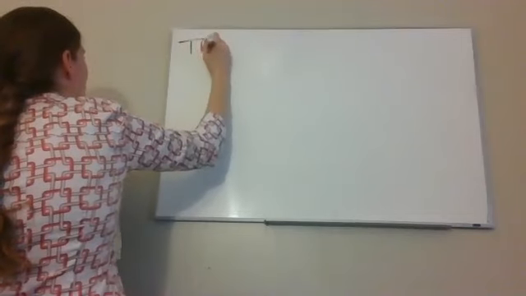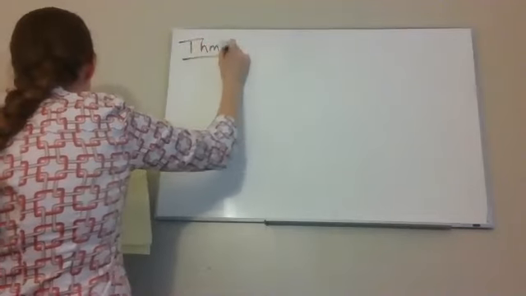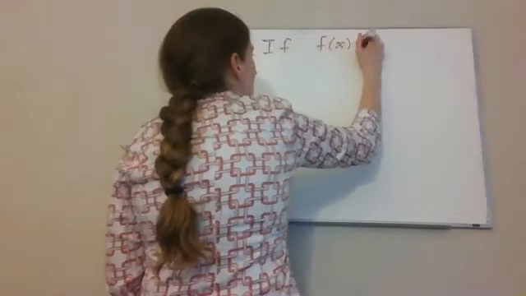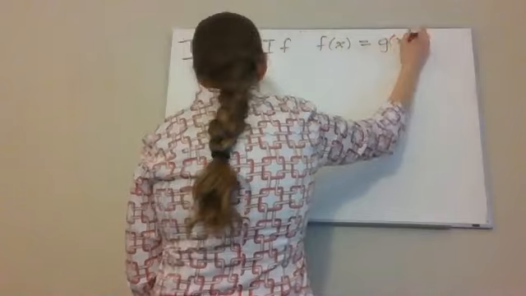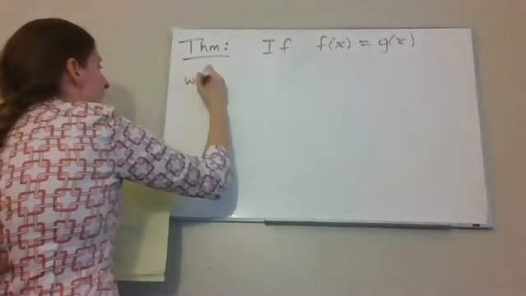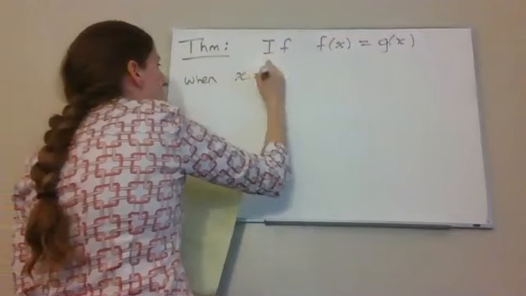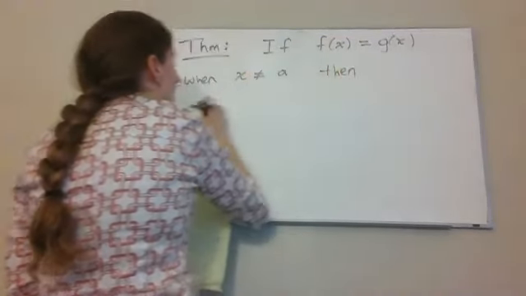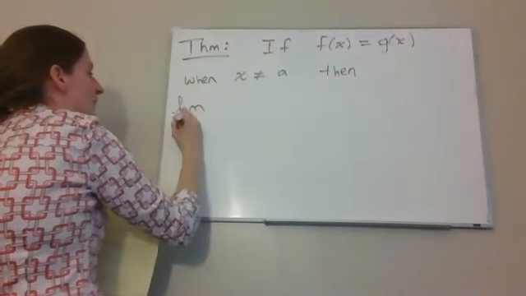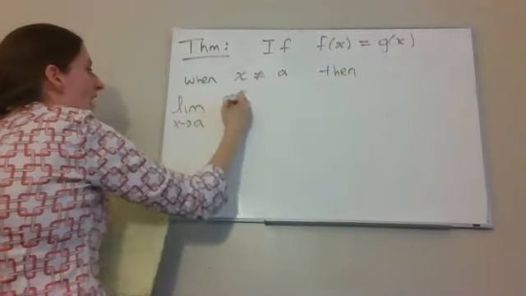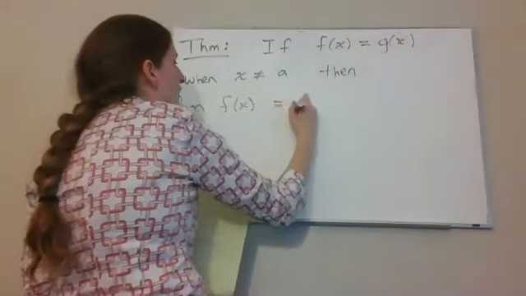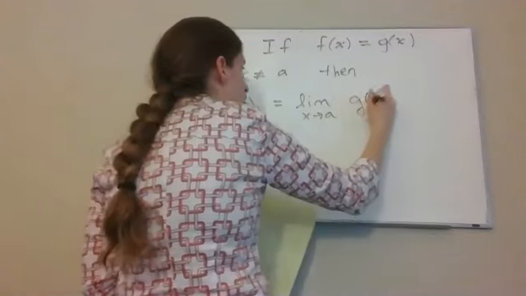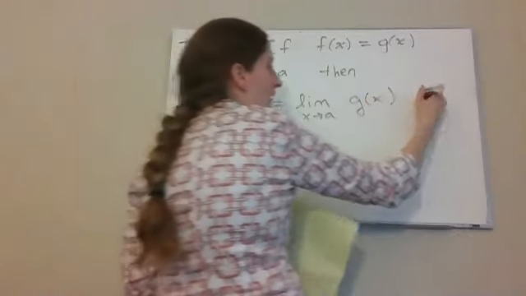Now we have a theorem. This theorem says that if f is equal to g when x is not a, then the limit as x approaches a of f is equal to the limit as x approaches a of g, if the limit exists.